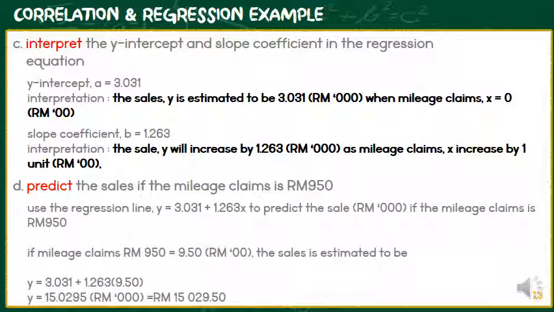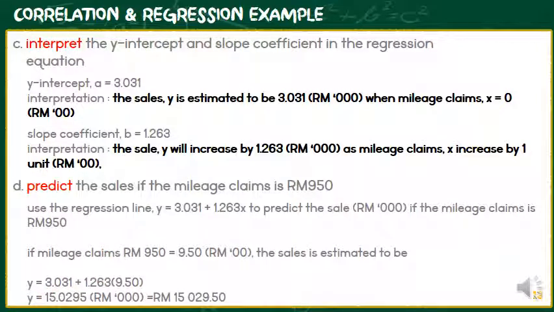Okay, so untuk soalan D ni, predict the sale of the mileage claim. Okay, jika claim 950. So dekat sini kita substitute saja Y awak. Substitute X untuk cari Y.